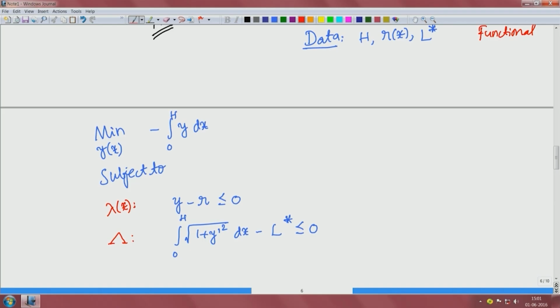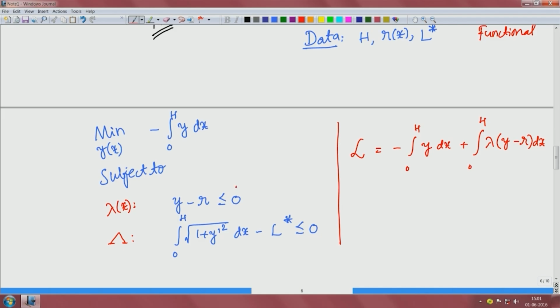Okay. When you have this, the first thing we do is to write the Lagrangian, which is integral 0 to h minus y dx plus integral 0 to h lambda times y minus r dx.